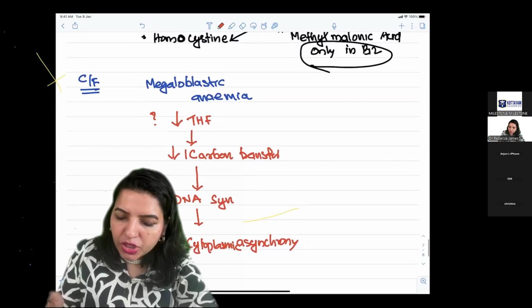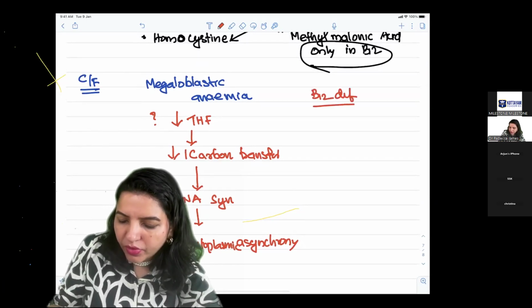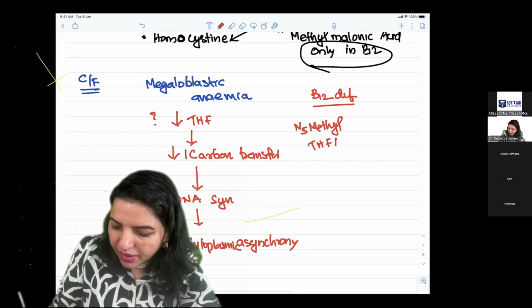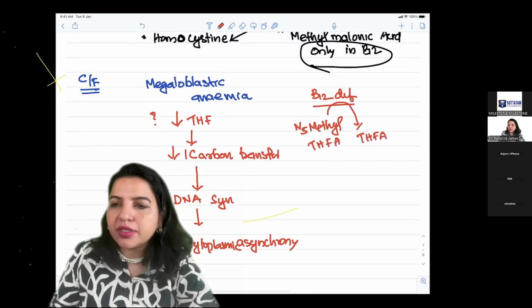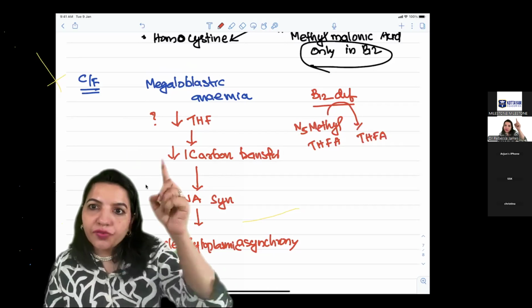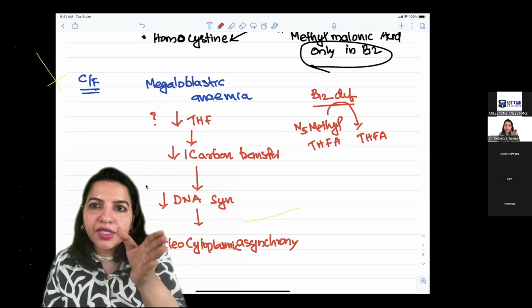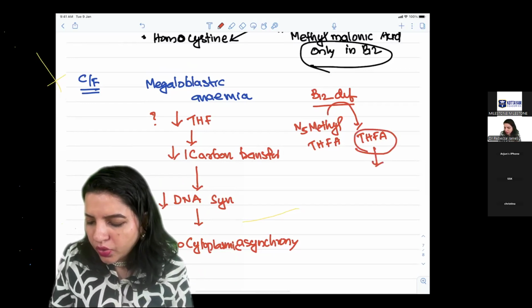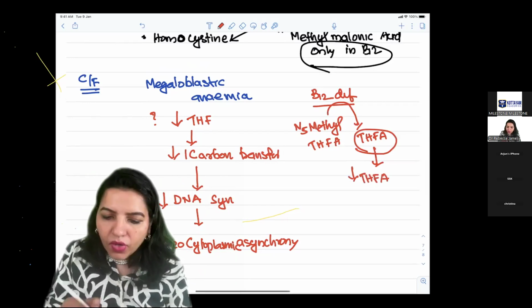So what about B12 deficiency? If there is B12 deficiency, what will happen? N5-methyl THFA cannot be converted to THFA. We have seen that reaction, N5-methyl THFA to THFA. So if there is a B12 deficiency, tetrahydrofolic acid is also reduced. What is this called?